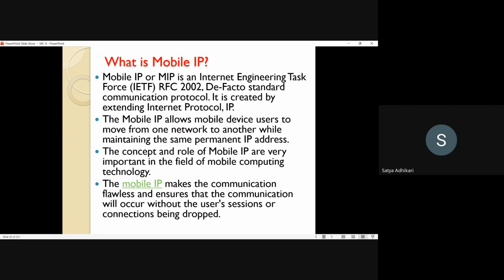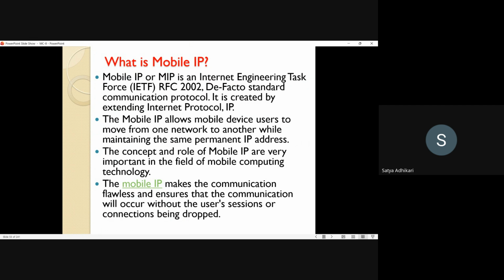Whenever you hear about some protocols: internet protocol IP, TCP, transmission control protocol, TCP/IP, UDP, user datagram protocol, POP, post office protocol, FTP, file transfer protocol, SMTP, simple mail transfer protocol.